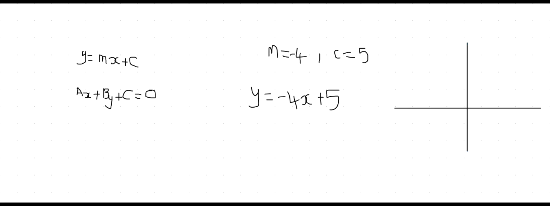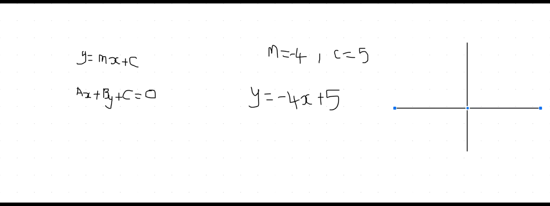Maybe I can mention in passing that whenever you have a negative gradient, it means the line is slanting in such a way that it's coming from a high and going to a low. So the left side of the line is up on top, and the right side is down below. Then if it's positive, it's coming from a low point going to a high point, so it's increasing. When the line is increasing, the gradient is positive. When the line is decreasing, the gradient is negative.